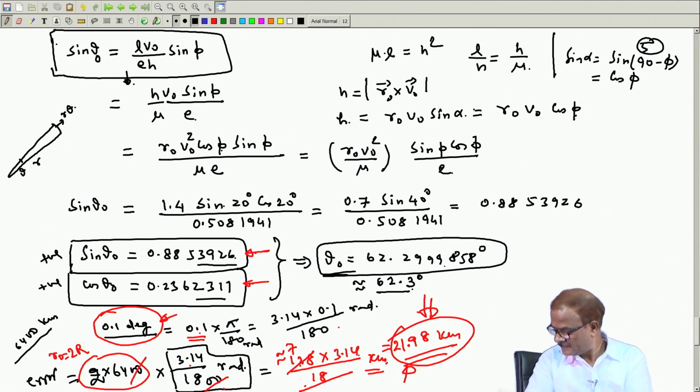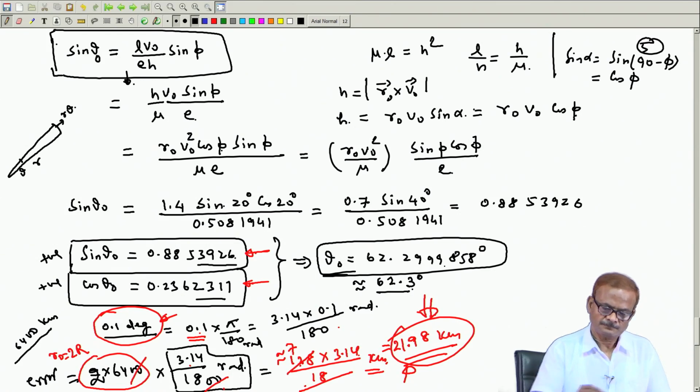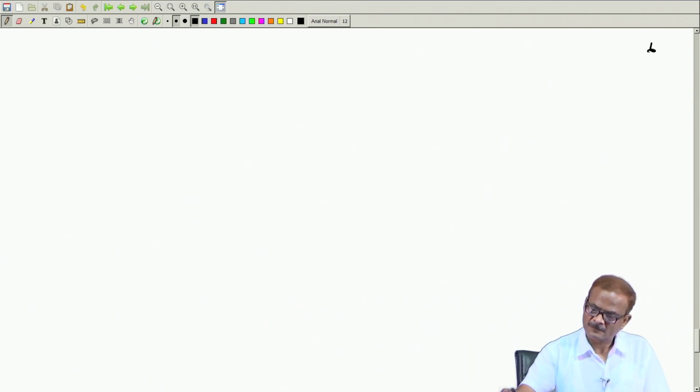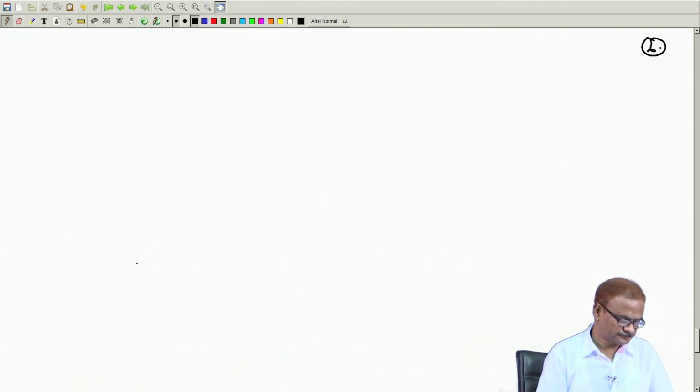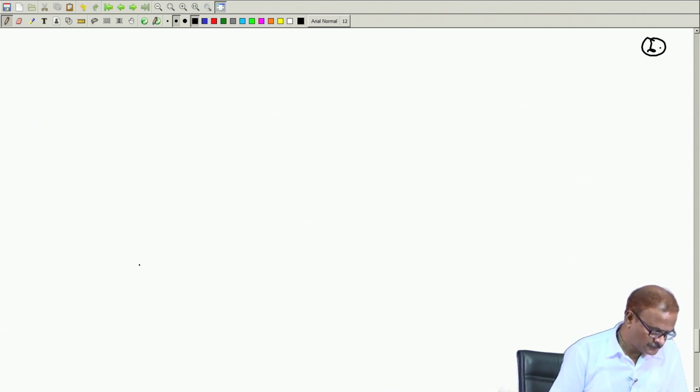So, this is the initial angular position of the satellite. So, in this problem, this part is over.